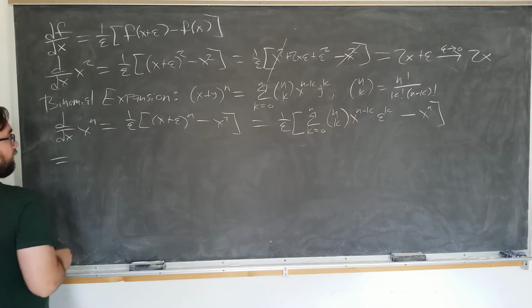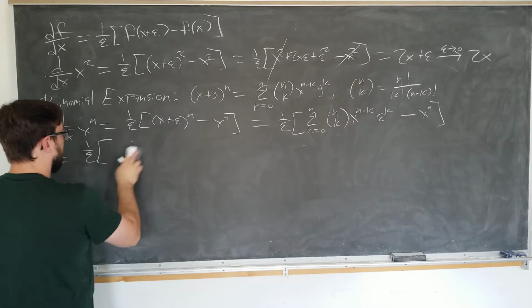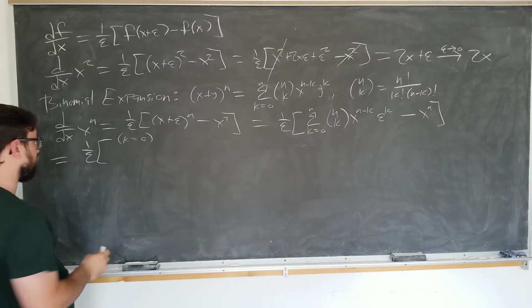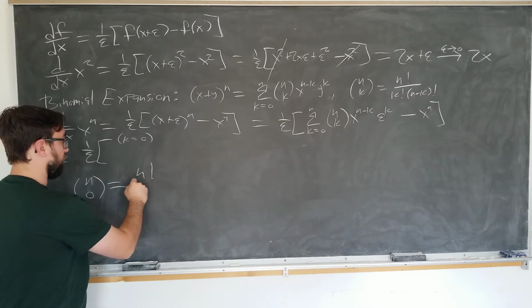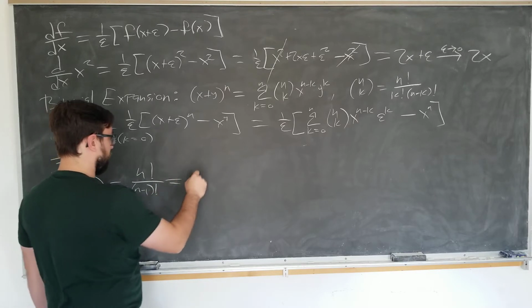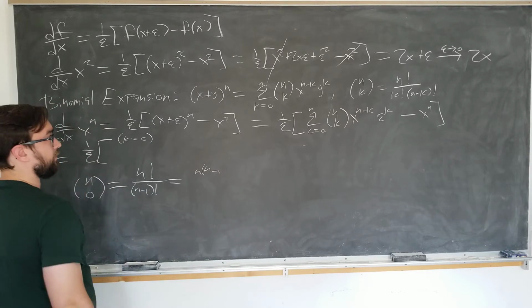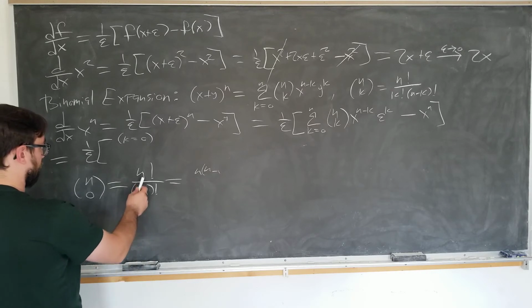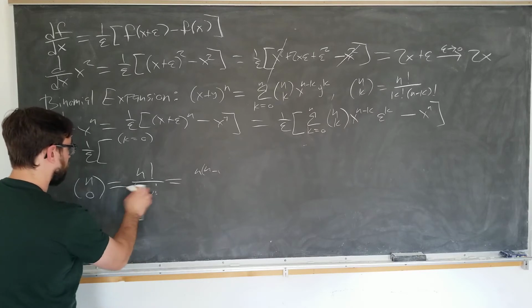All right, so let's just evaluate the k equals 0 term first. Okay, so we need n choose 0. Not very hard. n choose 0 is just n factorial over 0 factorial, which is 1, times n factorial, which is 1, over n factorial.